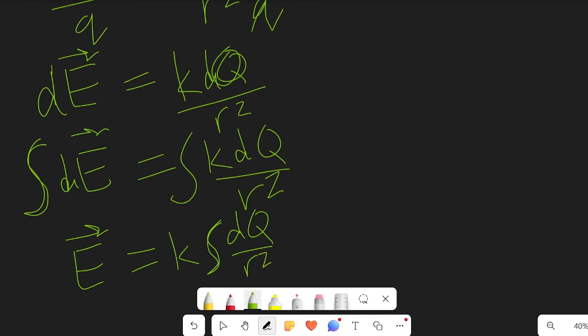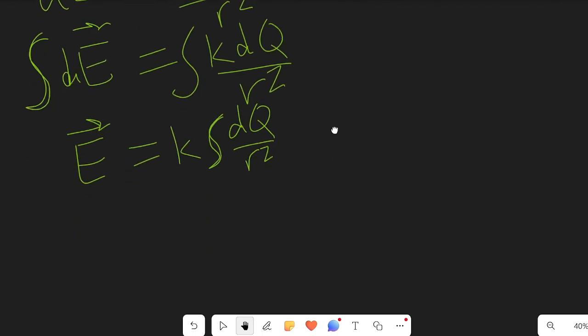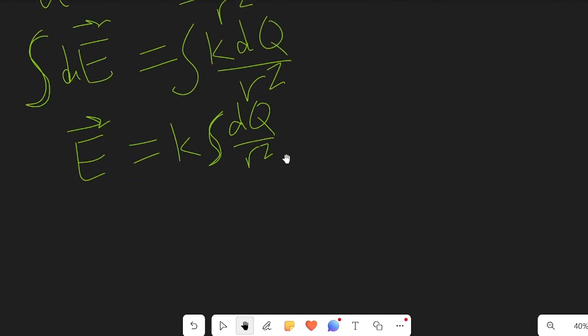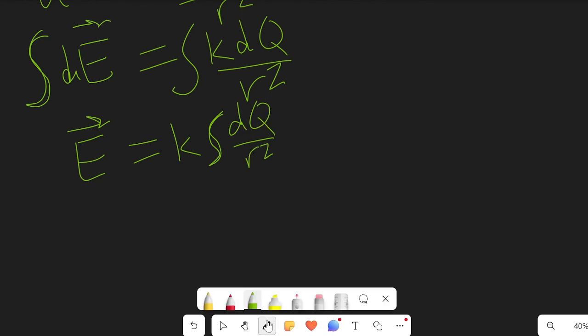So it's immediately clear that in order to simplify anything with this equation, we are going to have to somehow convert this dQ over R squared into a dr, right? Because if you think about it, R, at least in our case, isn't even a constant.